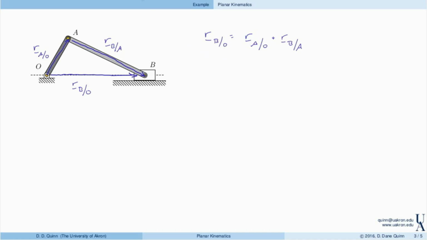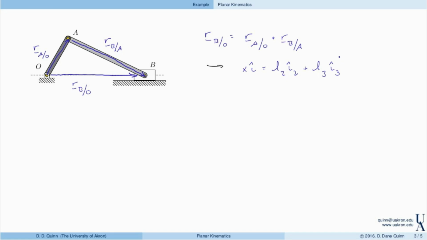So now, in terms of the coordinates that we have identified previously, we have x in the I direction, that's the position of B with respect to O, is equal to L2 in the I2 direction, that's the position of A with respect to O, plus L3 in the I3 direction.